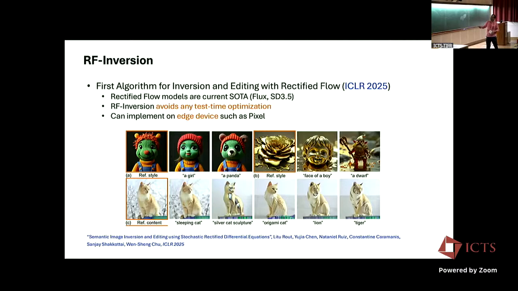We want to do the first algorithm for inversion and editing with rectified flows, and it avoids any test time optimization. Because of that, you can put it on an edge device such as a Pixel or a lightweight machine. So these are some examples of the kinds of things we want to do. I give you a reference content, which is this cat, and say silver cat sculpture, and without gradients, I want to edit it to get this image. So this is what I mean by gradient-free editing. It's only stylization. This does not do content style composition.